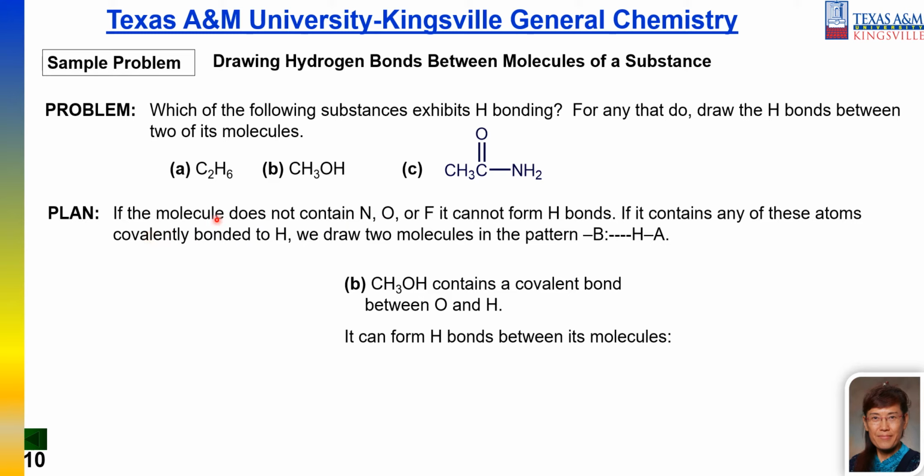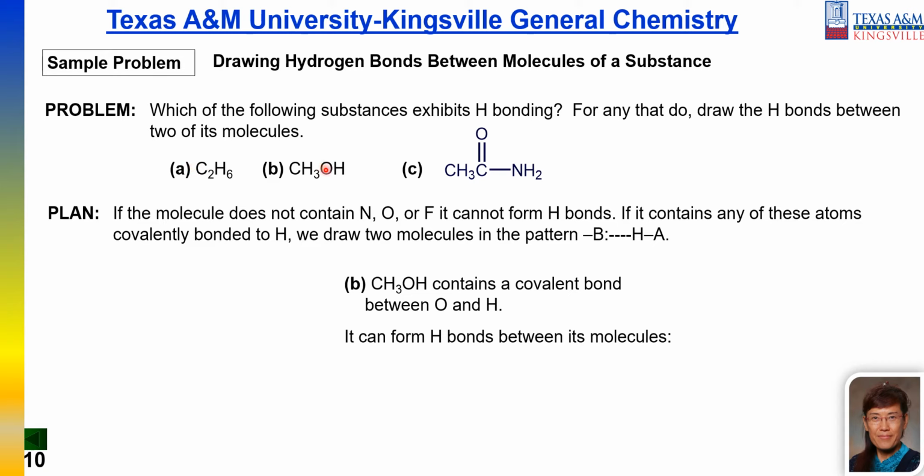Number 1, identify whether those molecules contain oxygen, nitrogen, or fluorine. Nitrogen, oxygen, fluorine is very critical. The first molecule doesn't have nitrogen, oxygen, or fluorine. Therefore, 99% the first molecule does not exhibit hydrogen bond.